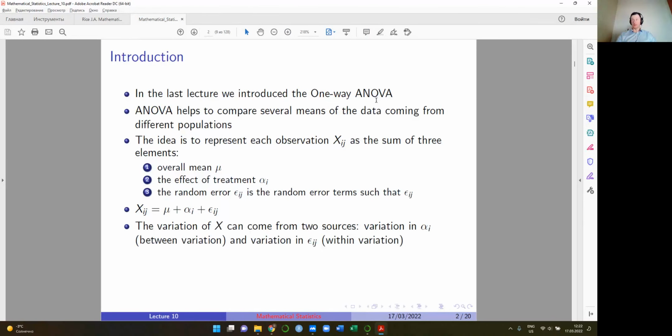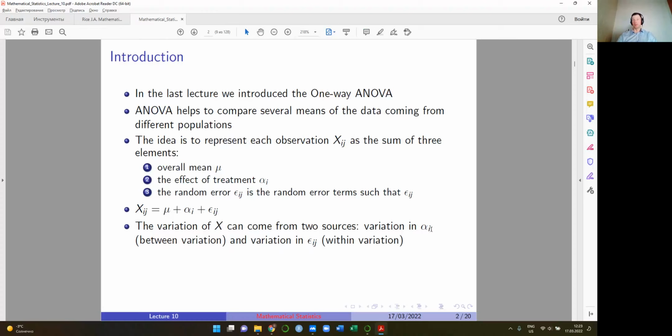And according to this model, we understand that mu is constant, so it cannot cause any kind of variation in xij, right? So mu is always the same. Therefore, xij can change due to two different reasons. So one reason is change in alpha i, and another is changing this epsilon ij.